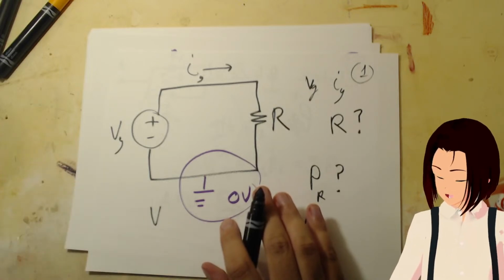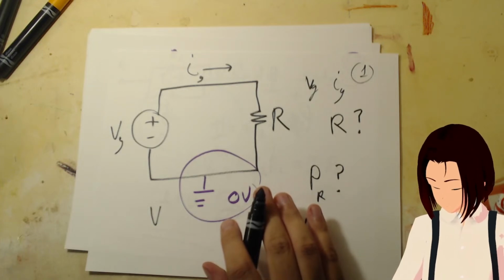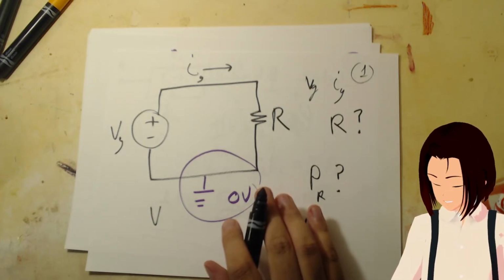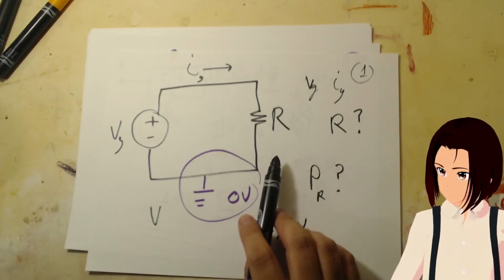Did I actually solve this problem? So, how do you find R?